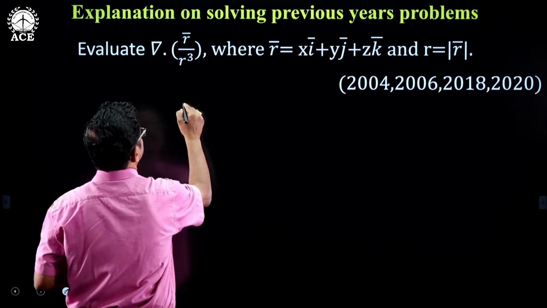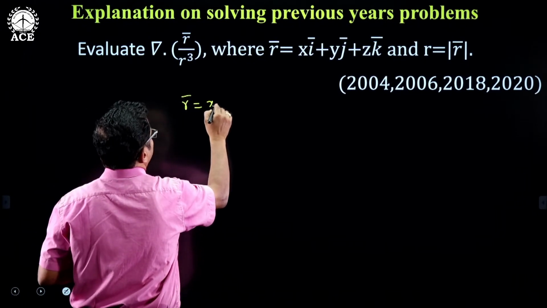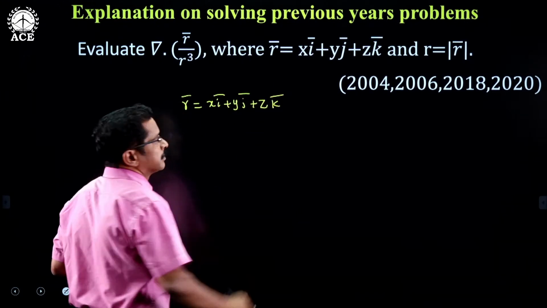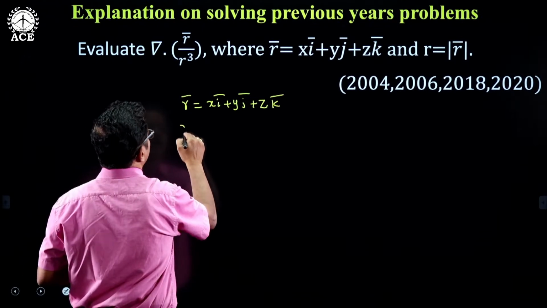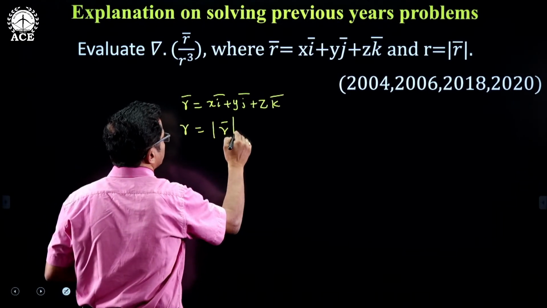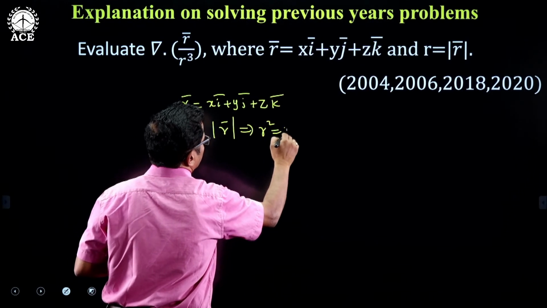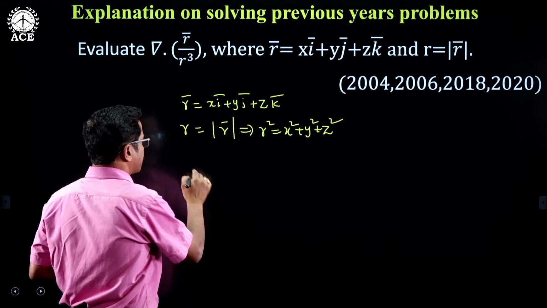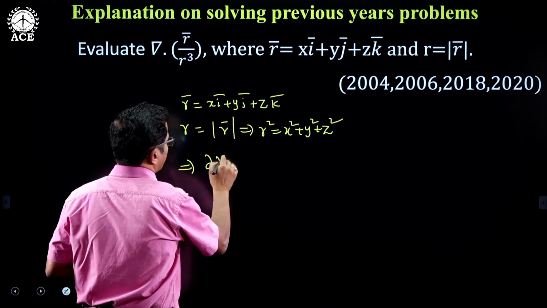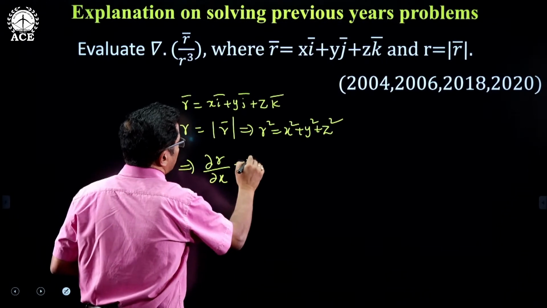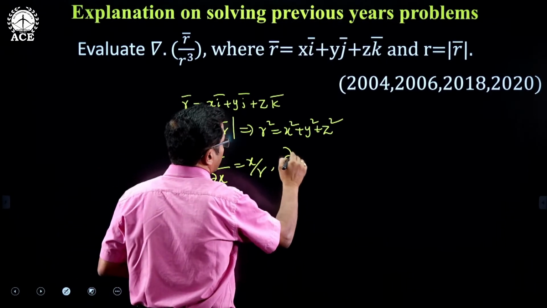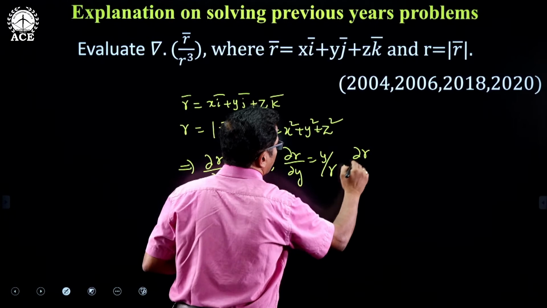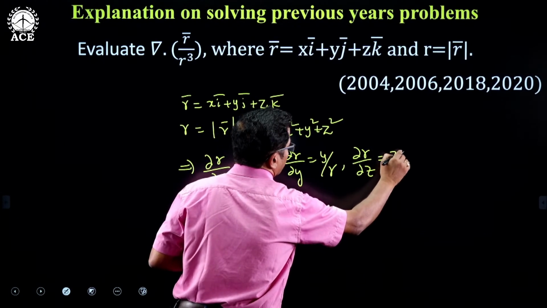So r bar equals xi bar plus yj bar plus zk bar, and provided r equals modulus of r bar, that implies r square equals x square plus y square plus z square, and from this you can get dou r by dou x equals x by r, dou r by dou y equals y by r, and dou r by dou z equals z by r.